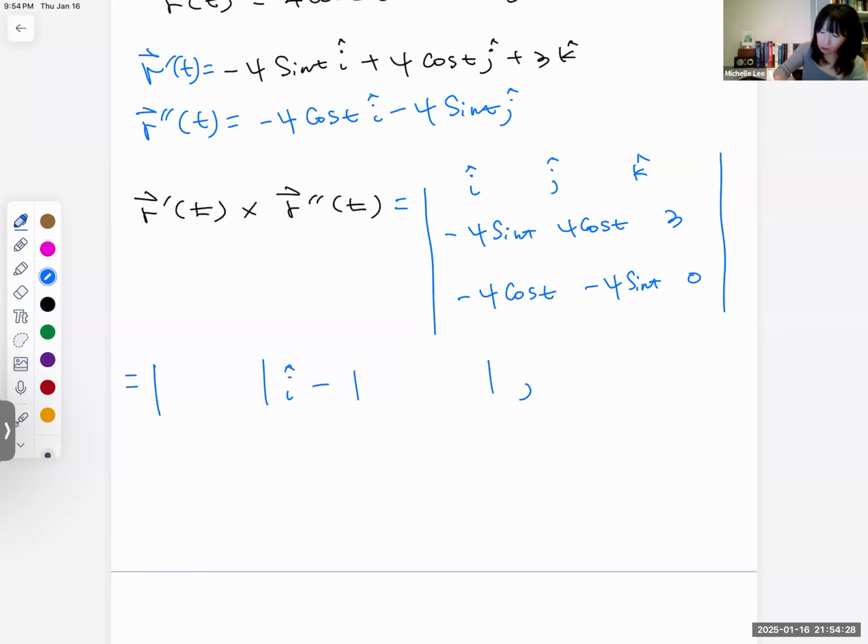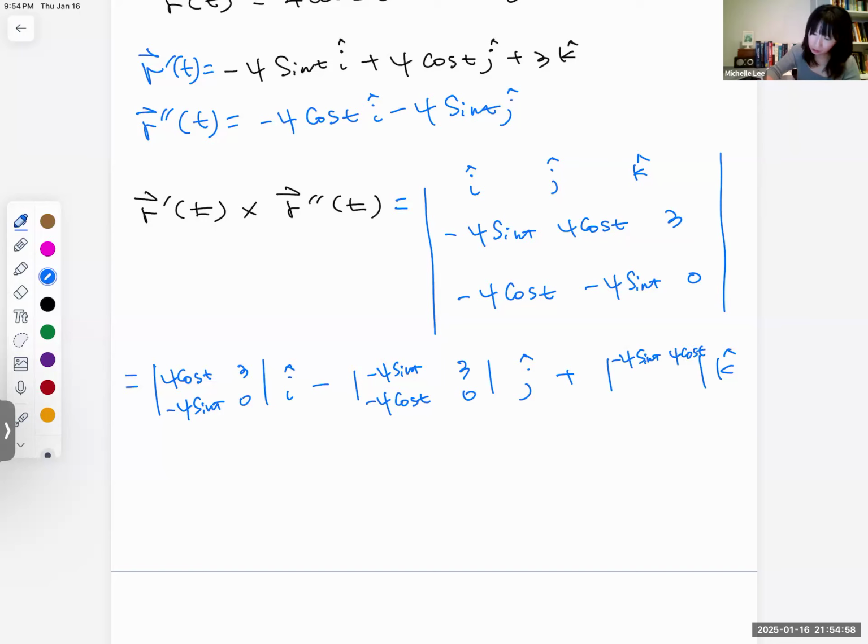So i, 4 cosine t, 3, negative 4 sine t, 0. And then j, negative 4 sine t, negative 4 cosine t, 3, 0. And k, negative 4 sine t, 4 cosine t, negative 4 cosine t, negative 4 sine t.